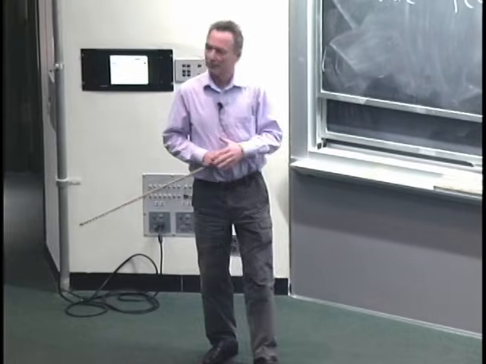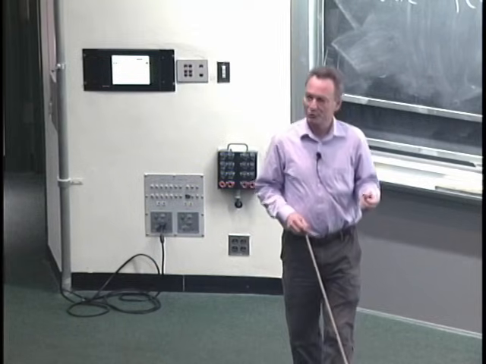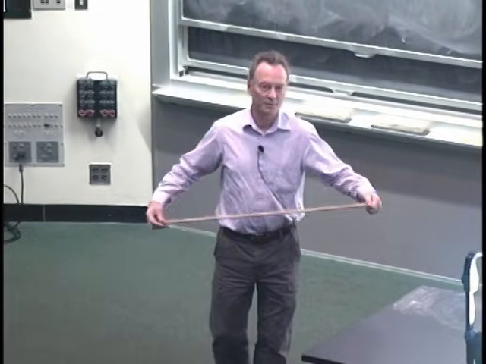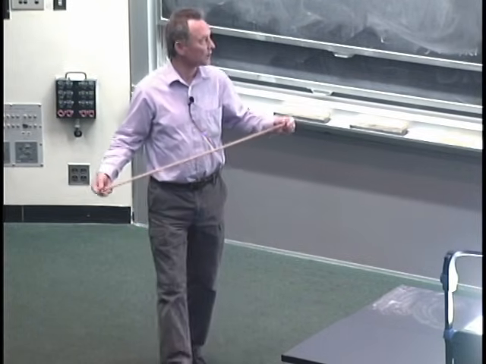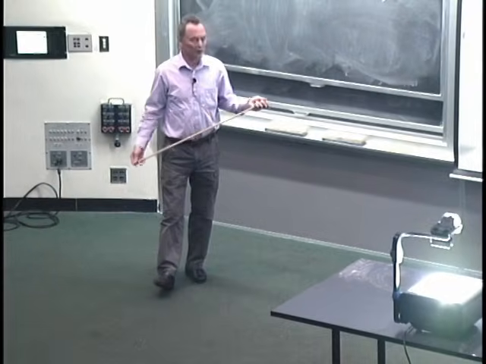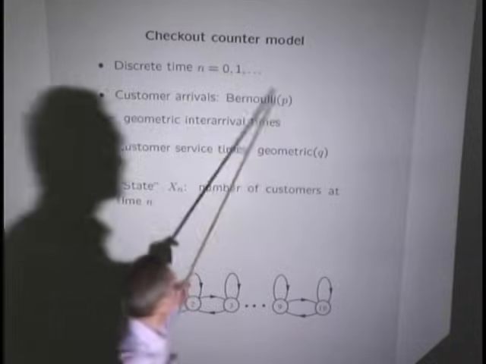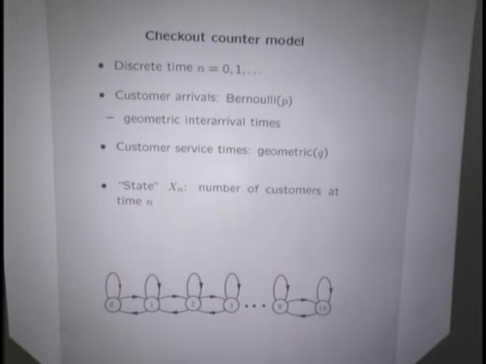Now, to make a probabilistic model, we need to make some assumption about the customer arrivals and the customer departures. And we want to keep things as simple as possible to get started. So let's assume that customers arrive according to a Bernoulli process with some parameter p. So essentially, that's the same as the assumption that the time between consecutive customer arrivals is a geometric random variable with parameter p.